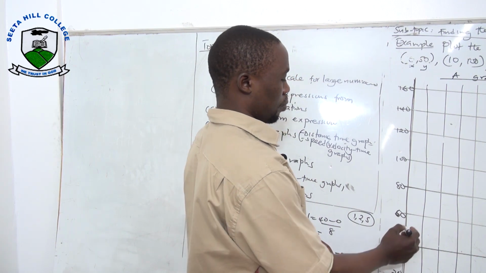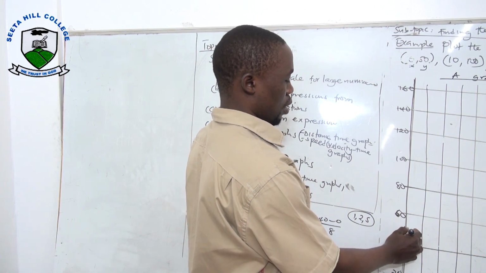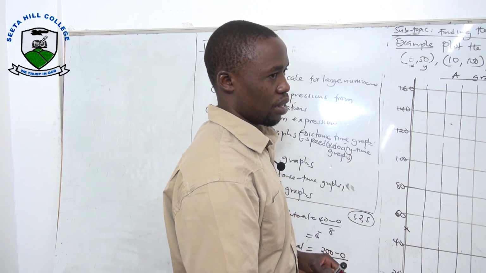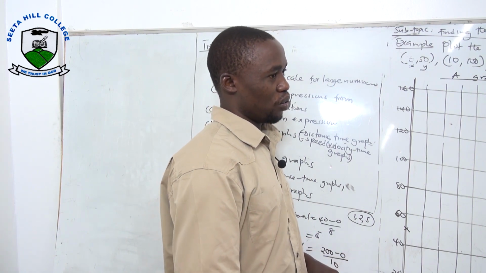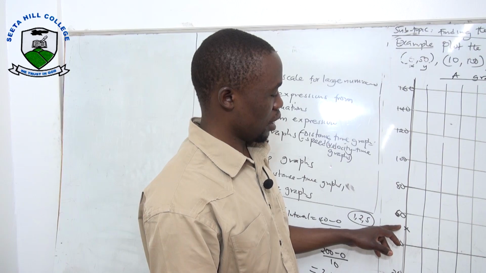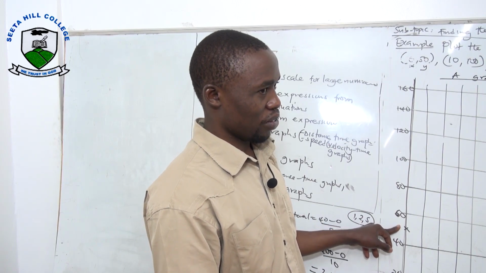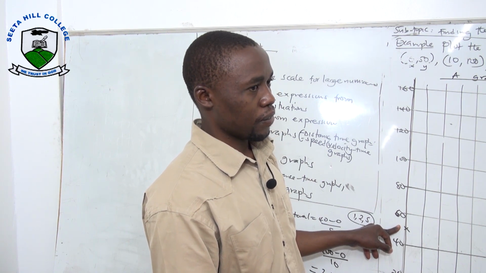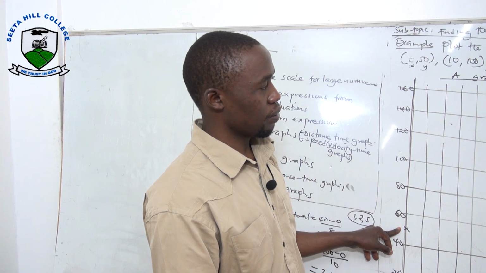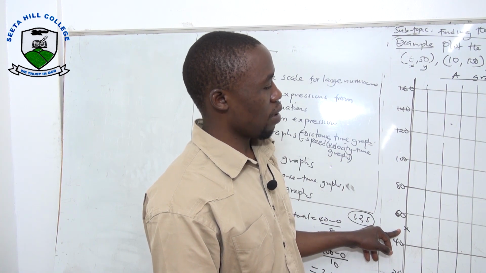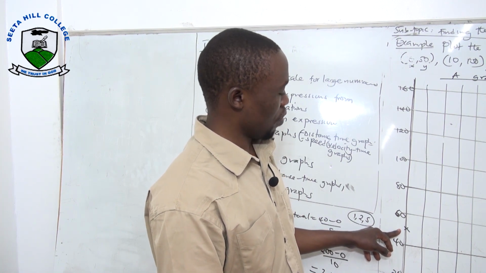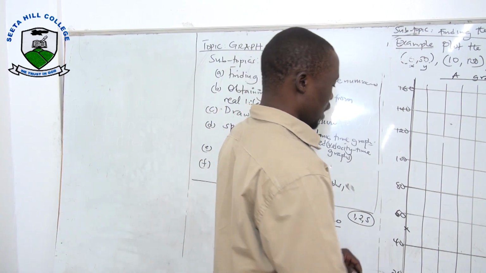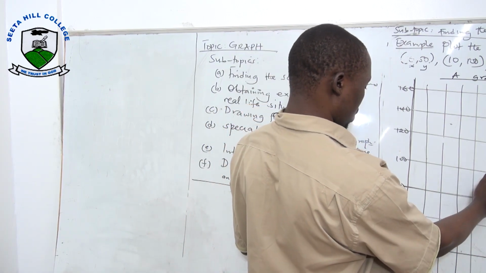Not so? I hope you know how to locate even that point. You just divide 50. Okay, 0, 50, fine. Let us plot faster. 10, 100 would be right here.